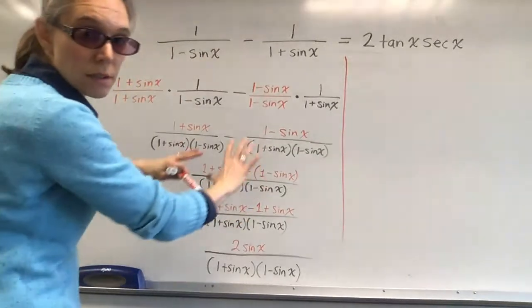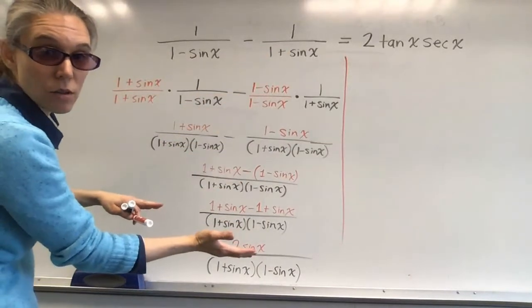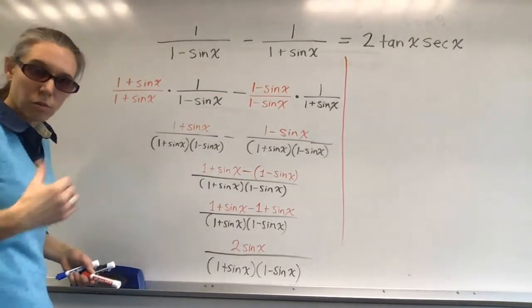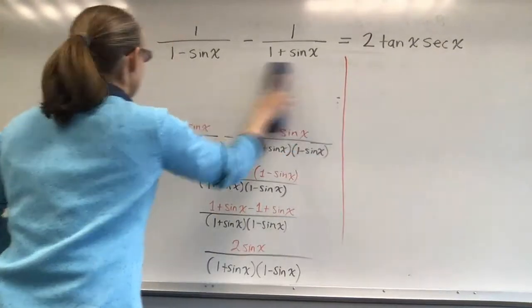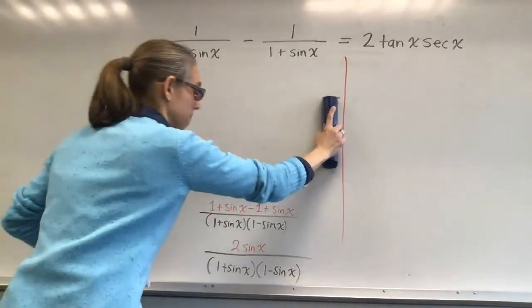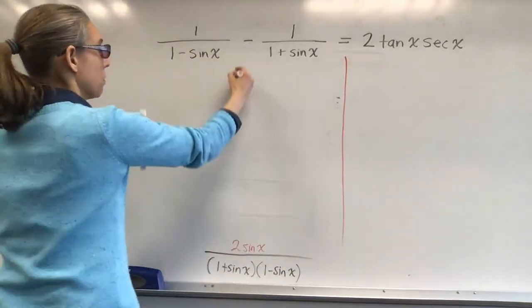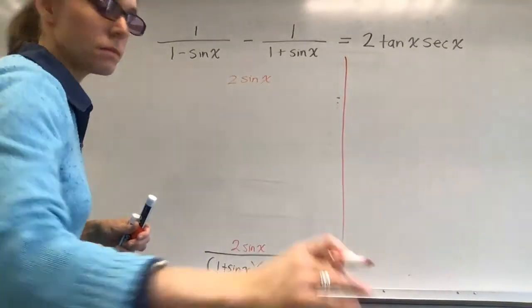So I'm going to erase some of these higher lines and move this up so you can see me continue, okay? So make sure you keep a note of everything I've done so far. Of course, you can rewind the video or go back in the video. So let me move this up. I have 2 sine of x.